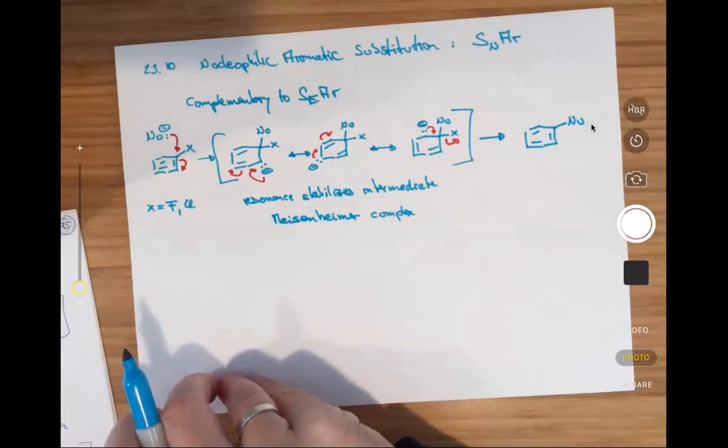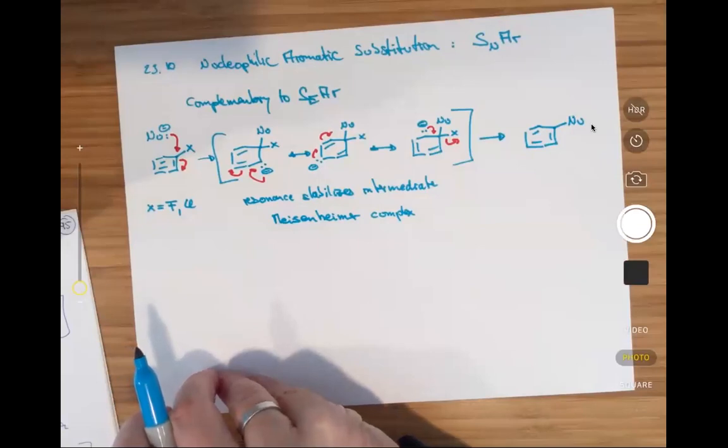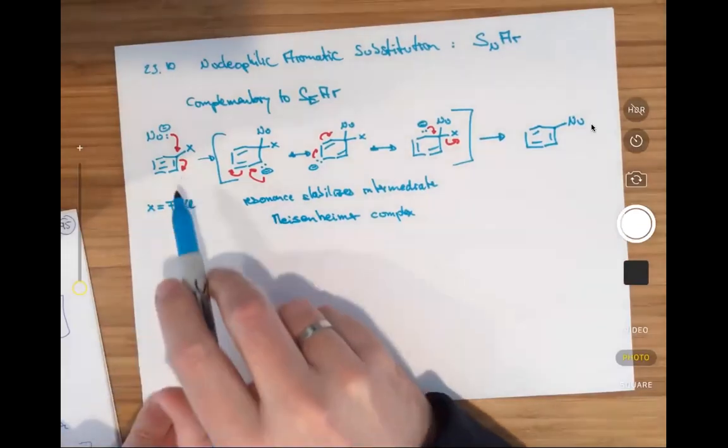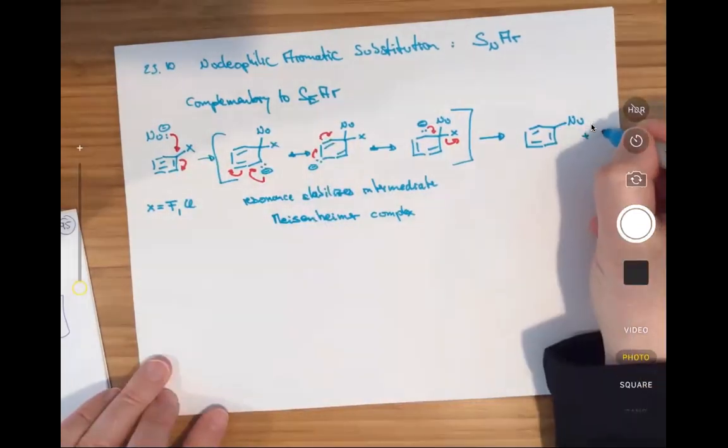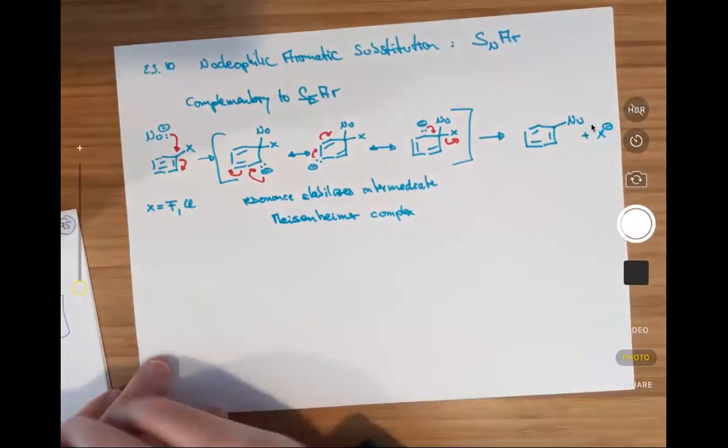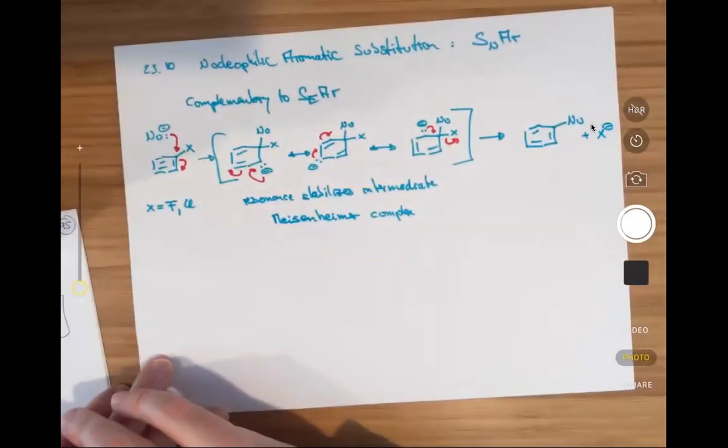All right, so the fact that you need a good leaving group that is very electron withdrawing and stabilizes this negative charge here, so you end up with X minus here essentially, restricts these reactions significantly to reactions where you have either a chloride or a fluoride.